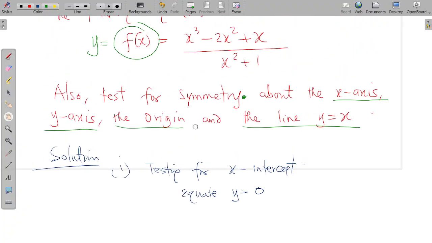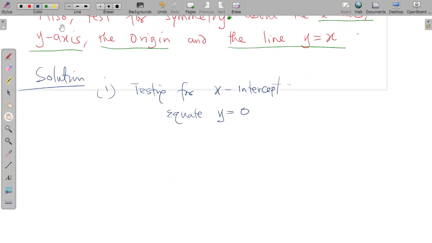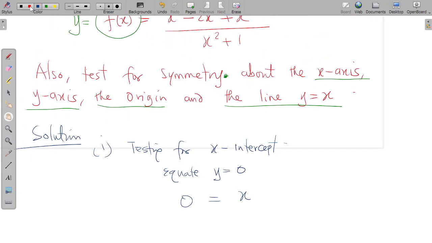So if you equate y to 0 here, we are going to be getting 0 equals x cubed minus 2x squared plus x, all over x squared plus 1. Okay, so we cross multiply.